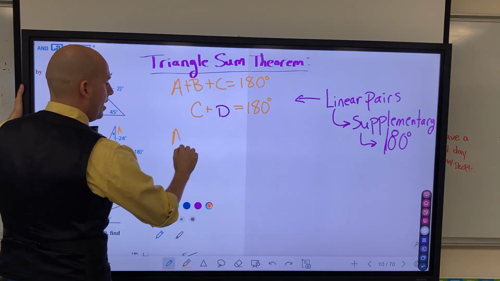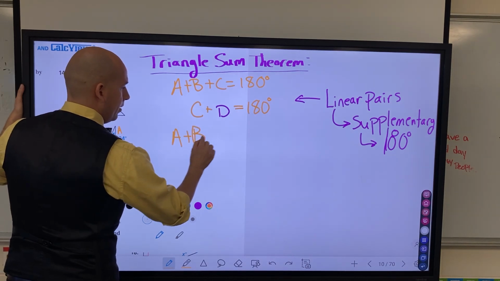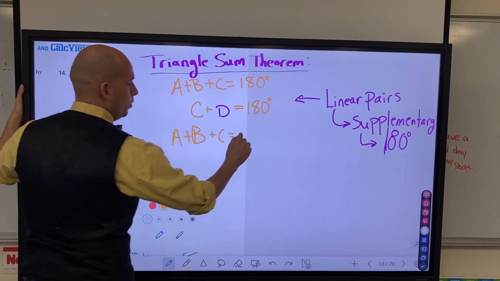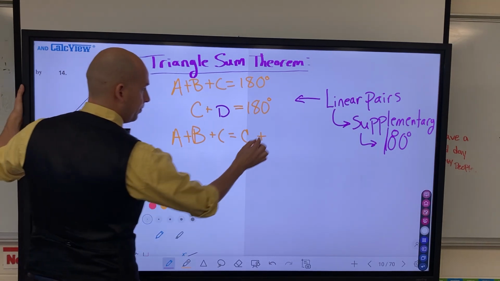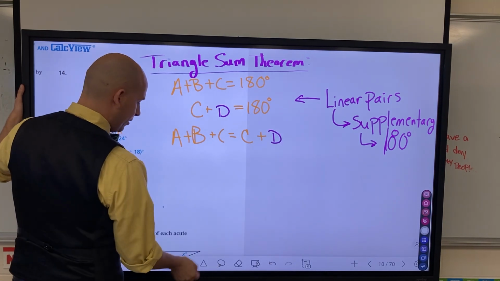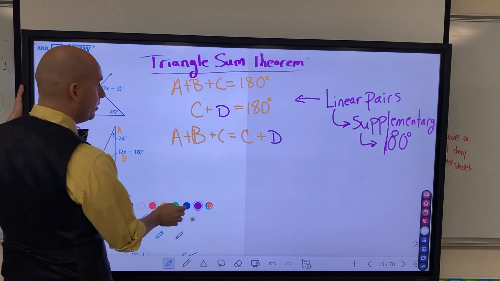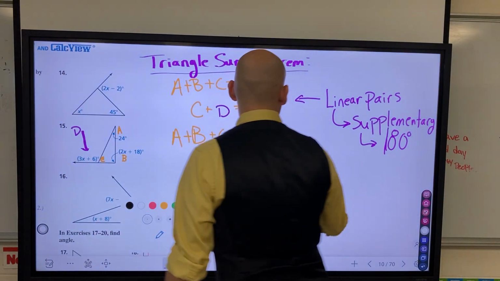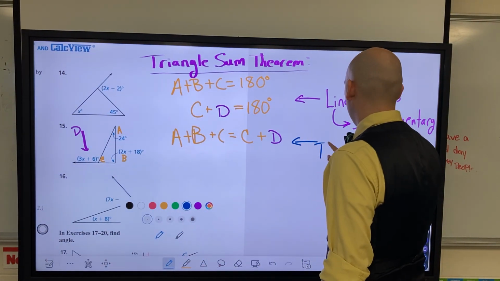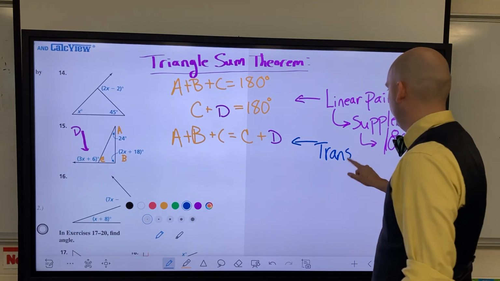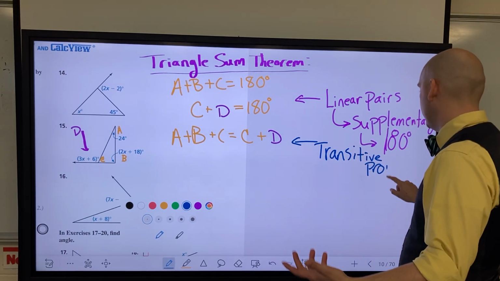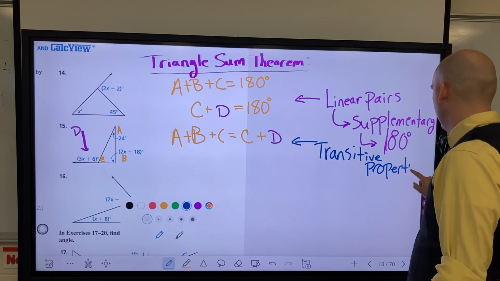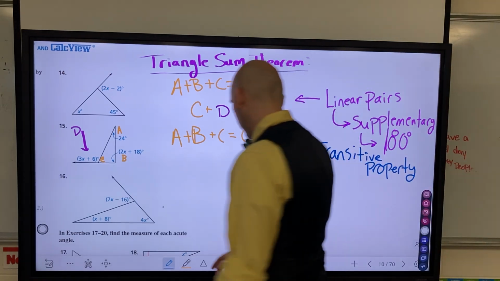A plus B plus C is equal to C plus D. Okay? And that's the transitive property. Should I write that down? Yes, write that down. This is the transitive property, technically the transitive property of equality.